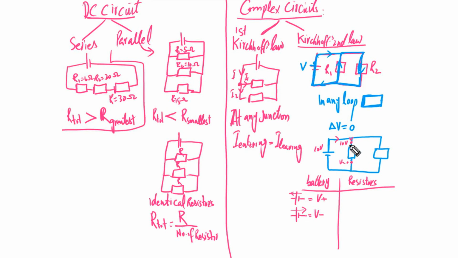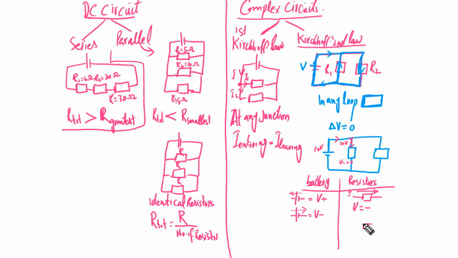If you go in the direction of current, let's say this is a resistor. If current is flowing in this direction, in this case V we will take as negative, because if you go in the direction of current you will lose voltage. So this is one case.